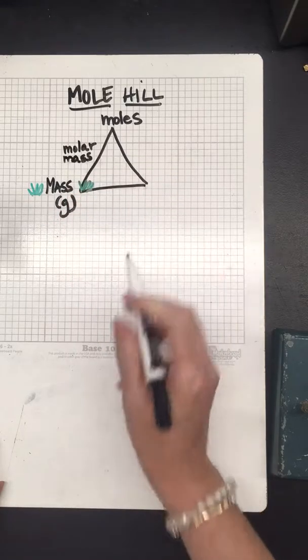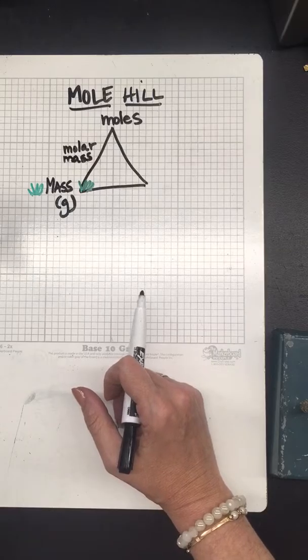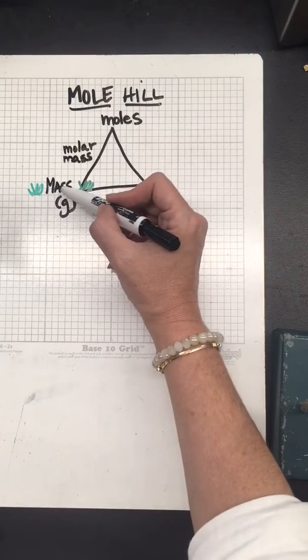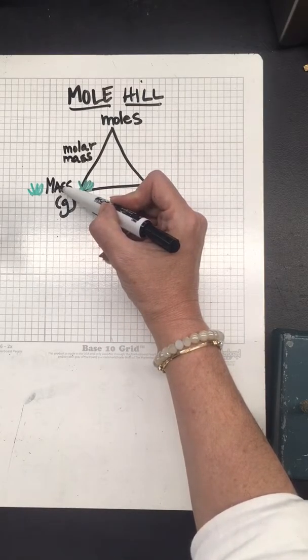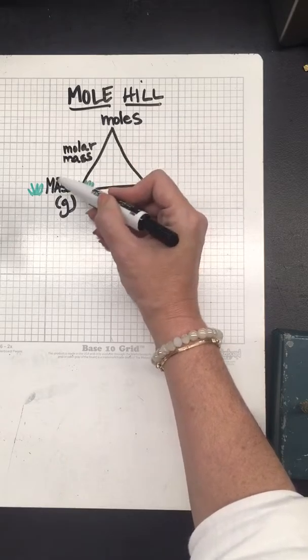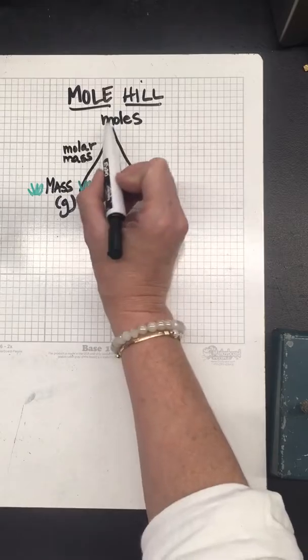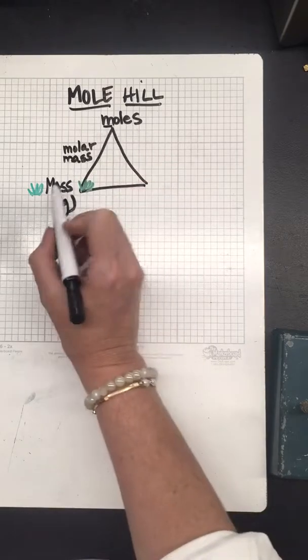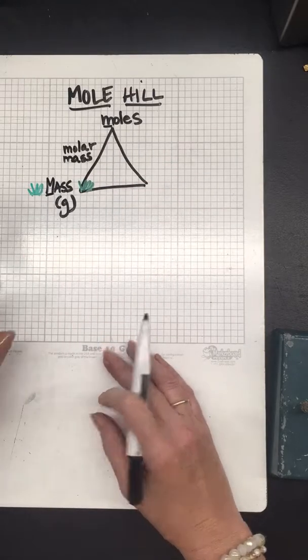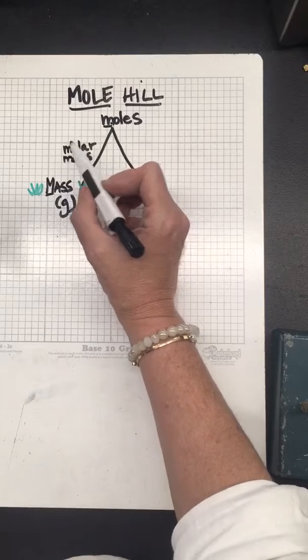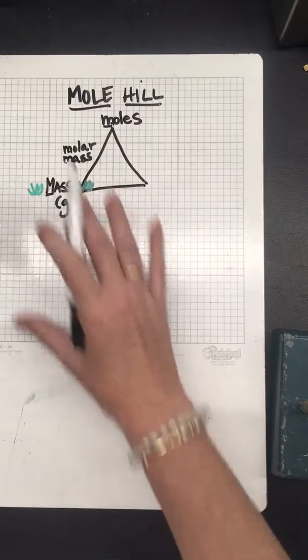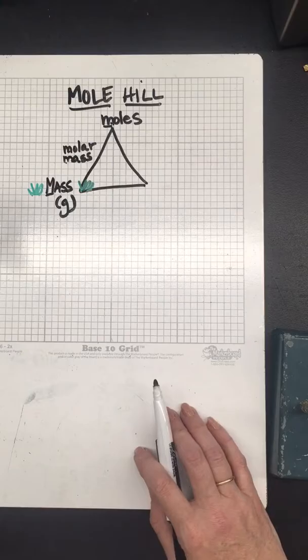Molar mass is determined from the atomic mass on the periodic table. So if I'm given mass, and the question is asking me for moles, I have to go through molar mass to get there. And the way I remember that is there's an M on this side of the triangle, and M reminds me of molar mass. So that helps me set my triangle up.